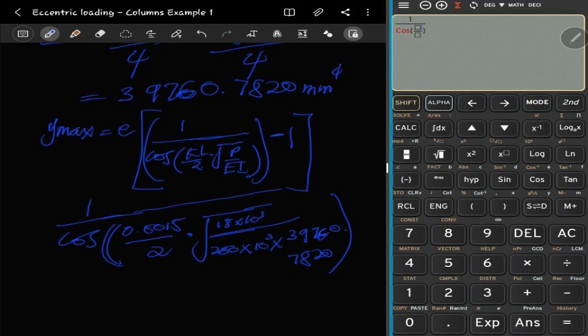We have a fraction 0.0015 on 2, times another fraction, which is the square root of 18 times 10 to the power 3 all on 200 times 10 to the power 3 times 39760.7820.